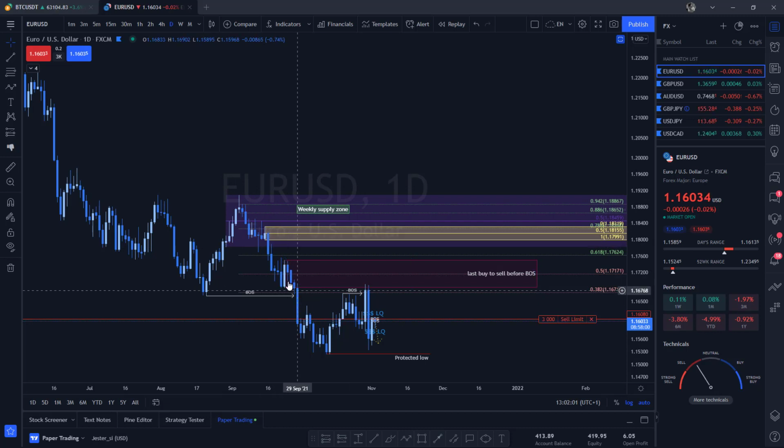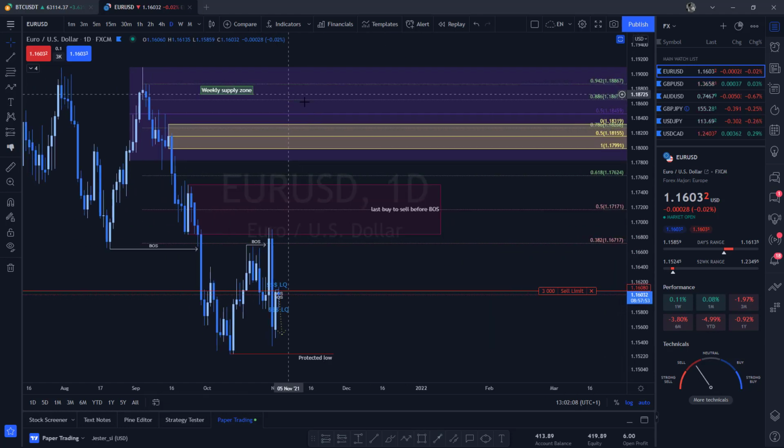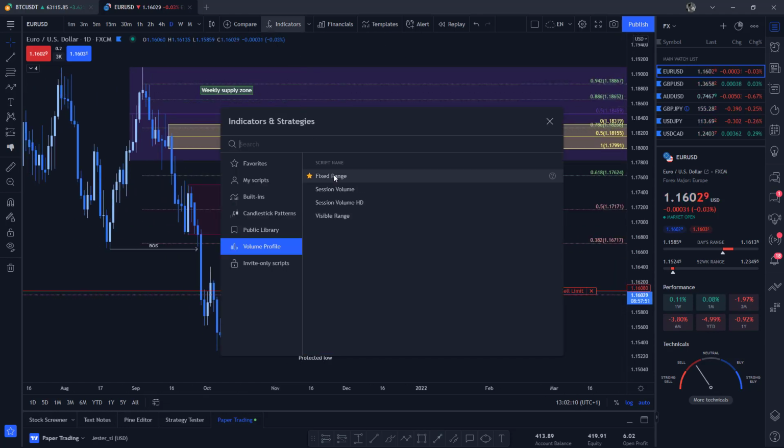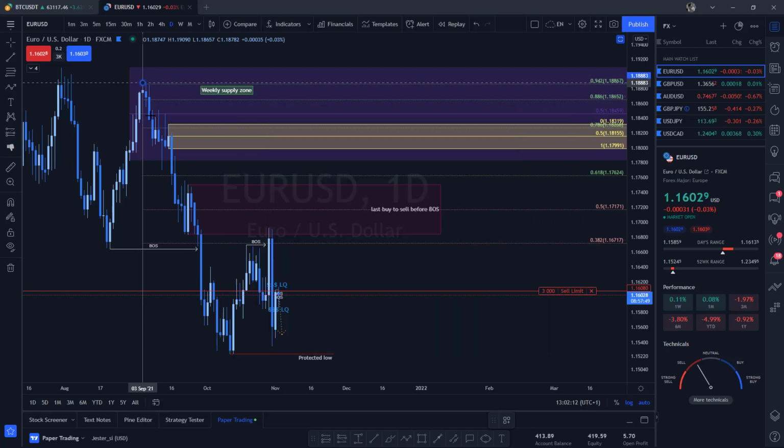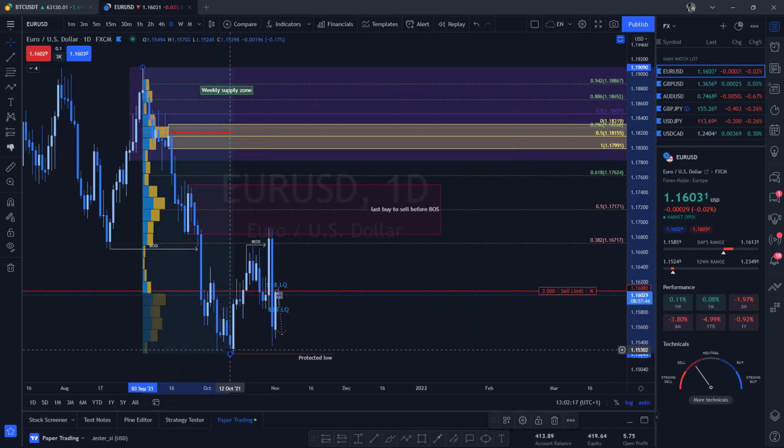This is the last daily swing down that broke structure. If we apply the volume profile on this swing, from the high to the low, and the low is this candle here, on this move down the volume shows on which part of the swing there was the most volume.